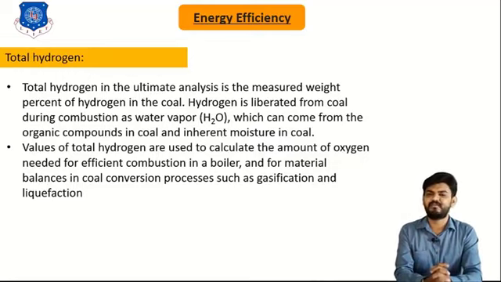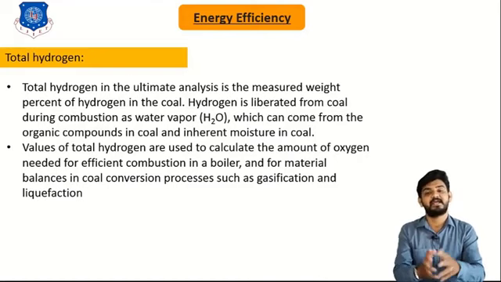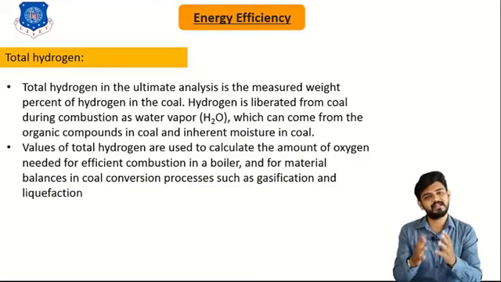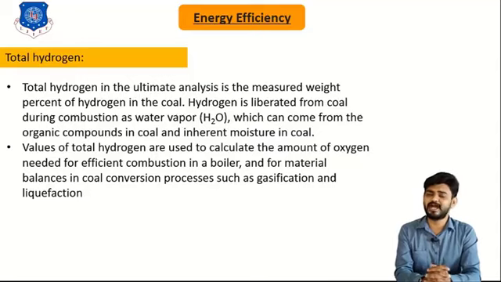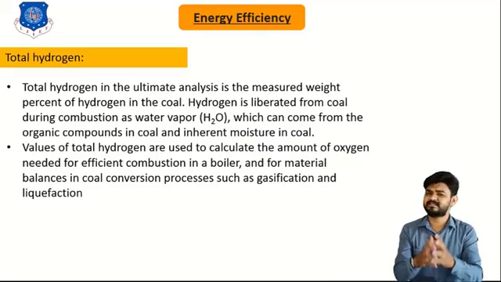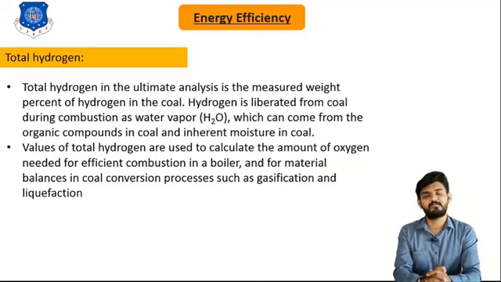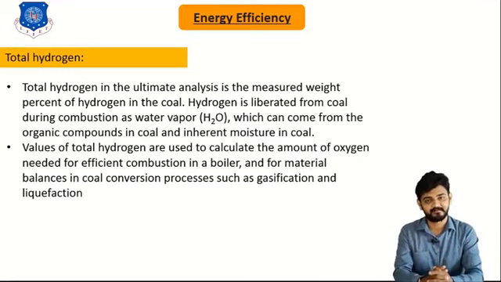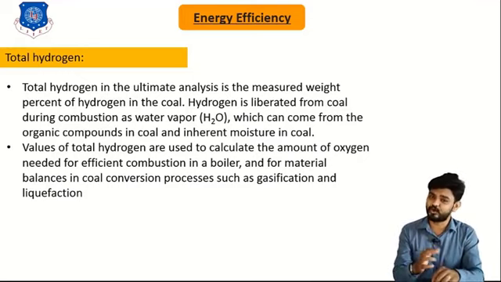It also gives the material balance in coal conversion processes such as gasification and liquefaction. So, from the material balance point of view, the total hydrogen is again very important. This was all about the hydrogen content.